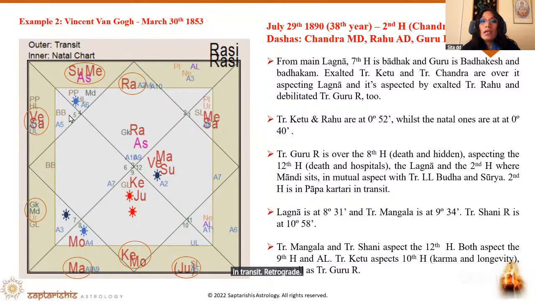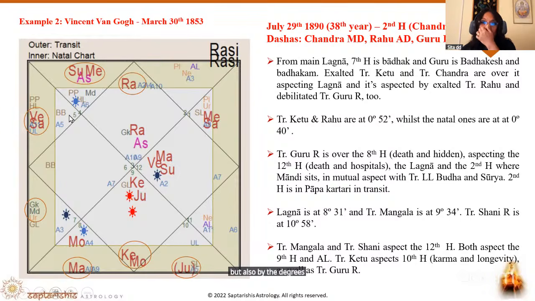And the 2nd house is also in Papa Kartari in transit, because it's Rahu here and Shani here. So they are having it. And I also mentioned the degrees very close between Lagna and transit Mangala, so there is an impact also here on Lagna, not only by aspect, but also by the degrees.